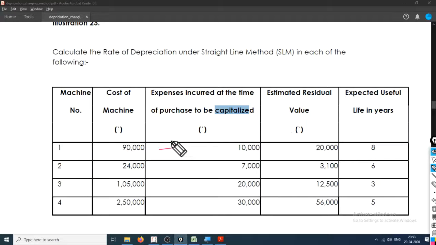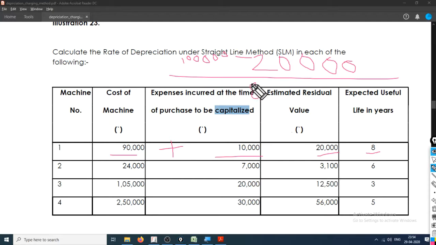This plus this is the value of the asset. Estimated residual value is 20,000, expected life is 8 years. So 1 lakh minus 20,000 and divide by 8.